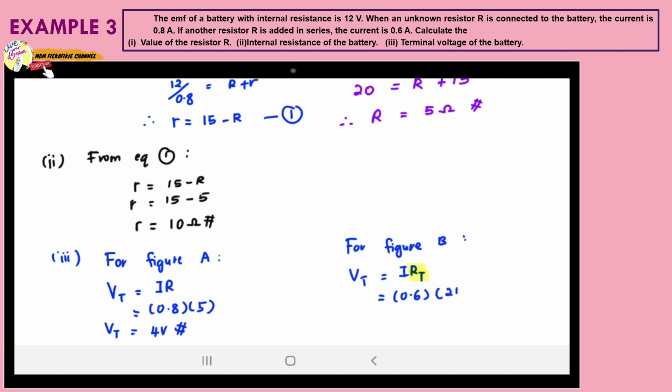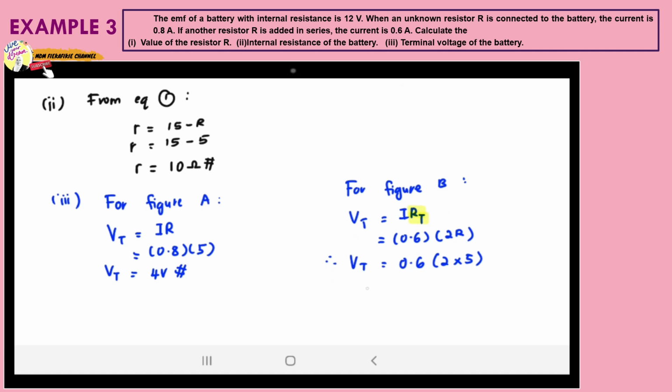Therefore, V terminal is equal to 0.6 times 2 times 5, so 0.6 times 10. So V terminal now is equal to 6 volt. Okay, so we finish question number 3. Let's proceed to example number 4.